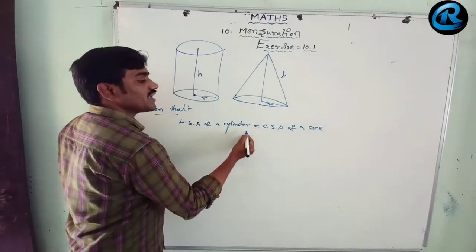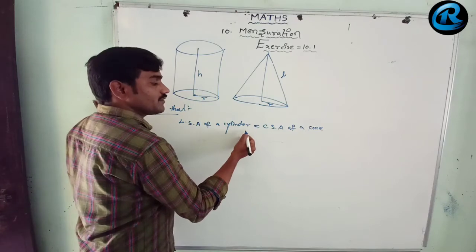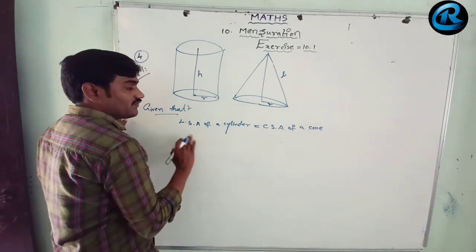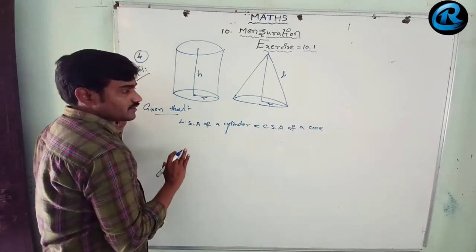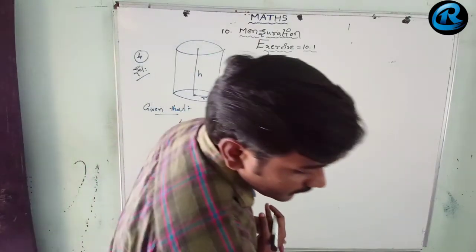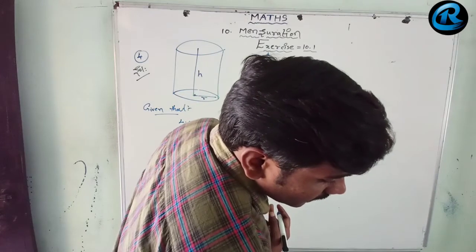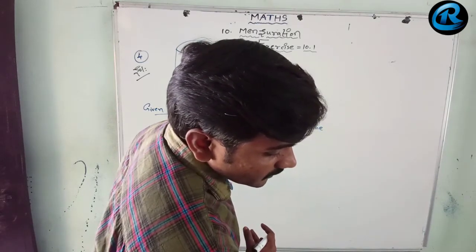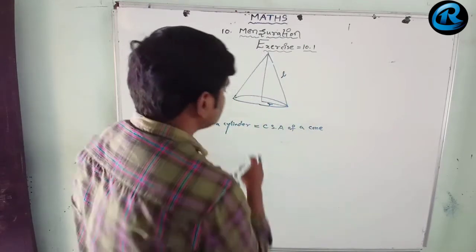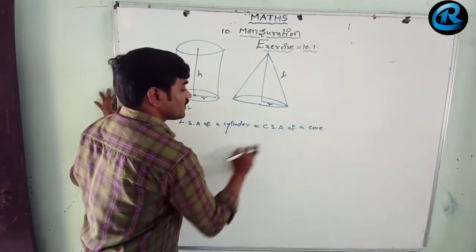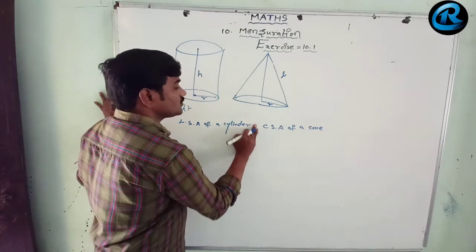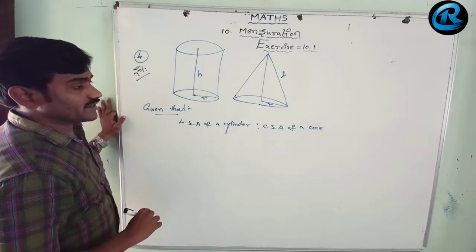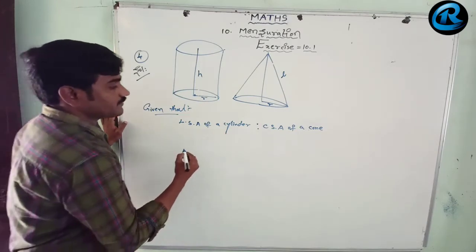We have to use the lateral surface area formula of a cylinder and find out the ratio of the height of the cylinder to the slant height of the cone.